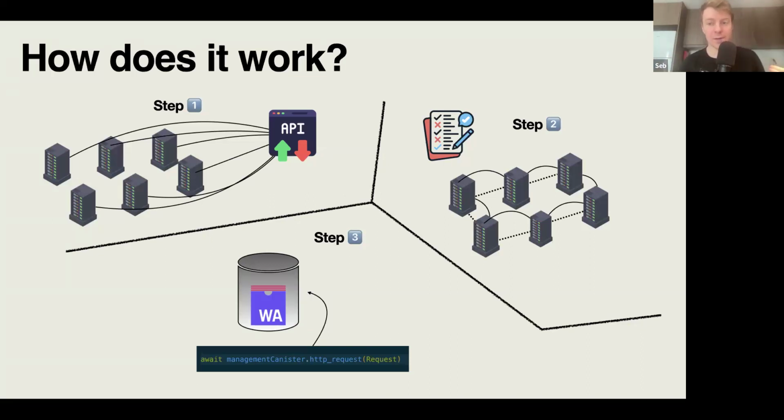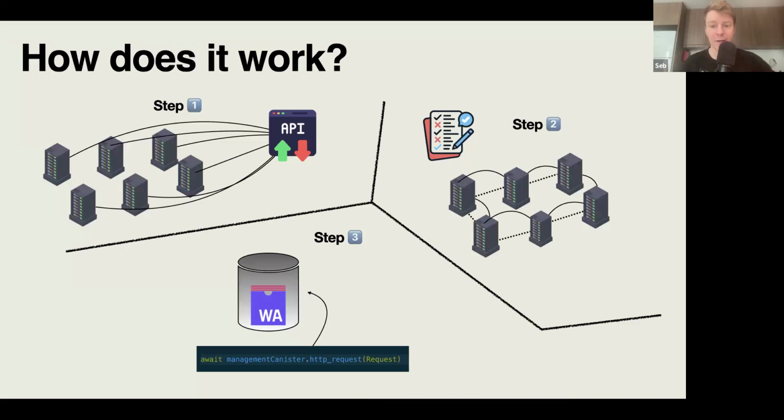Because if you do a request and there is like a timestamp, or even if it's the weather or it's the price of an asset, like if you call an exchange like Coinbase or Binance, and you want to know the price of Bitcoin at a certain point in time, the fact is that all the nodes are going to send slightly different requests at slightly different times, even if it's just a few milliseconds.